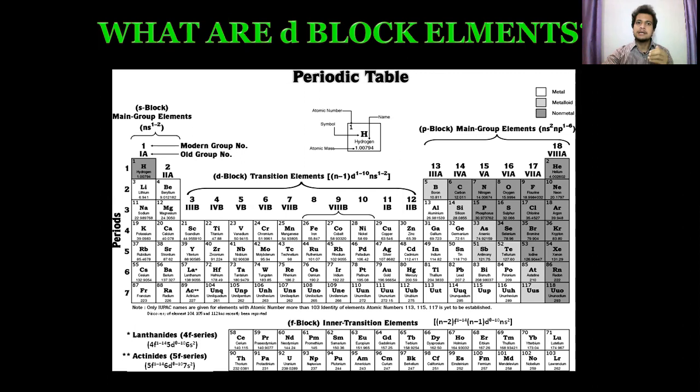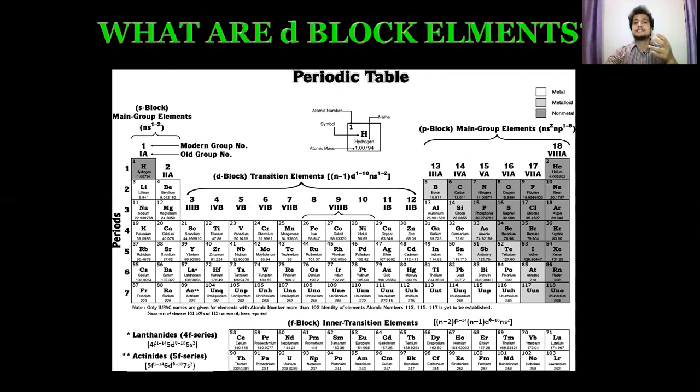So in the case of d block elements, we don't fill the valence shell; we fill the penultimate energy level, the second last energy level. The ultimate energy level, or the valence shell, will always contain 2 electrons. So the number of valence electrons in d block elements is 2.